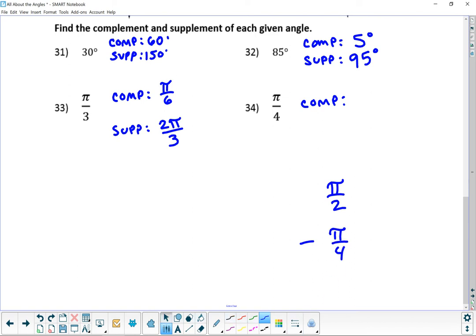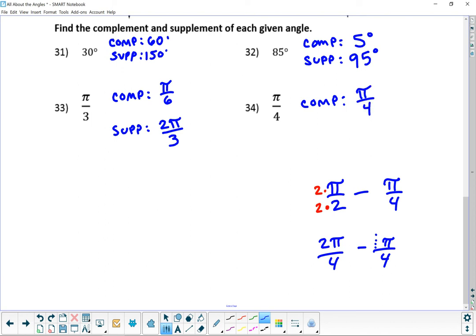Again, with fractions, I like to do it side by side and get a common denominator. I need 4, so I multiply by 2 and 2, and I will have 2 pi over 4 minus 1 pi over 4. 2 pi minus 1 pi leaves you with 1 pi, or just pi over 4.